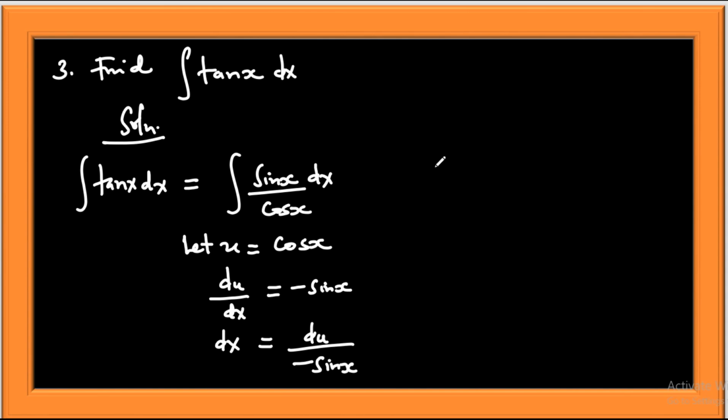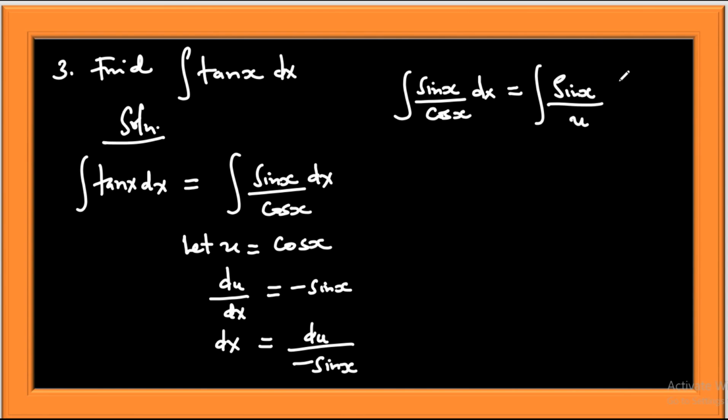Then from here we can do the substitution. The integral of sine x out of cos x dx is as good as the integral of sine x divided by u, where dx is du out of negative sine x.